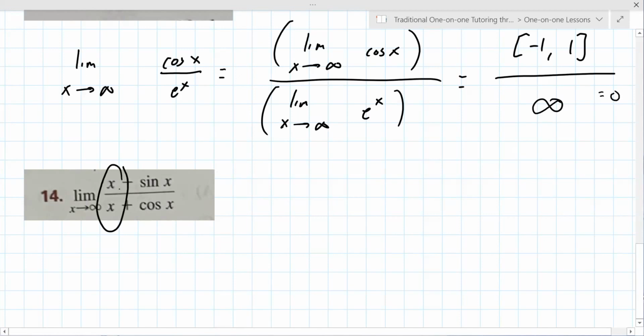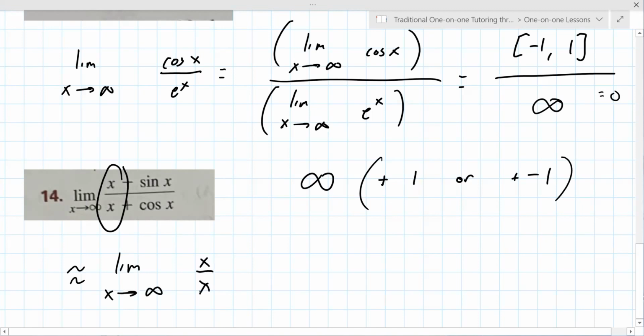Because at infinity, let's say you got really far out, sine x and cosine x are either adding 1 or adding -1. But at infinity, that doesn't really matter. If you add 1 to infinity or subtract 1 from infinity, it's still infinity. So in short, this is really like the limit as x goes to infinity, x over x, which is the limit as x goes to infinity of 1, which is just 1.